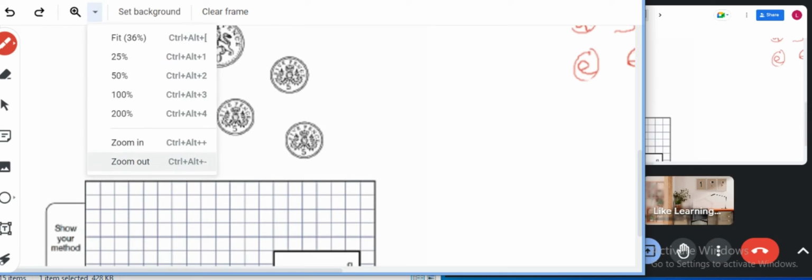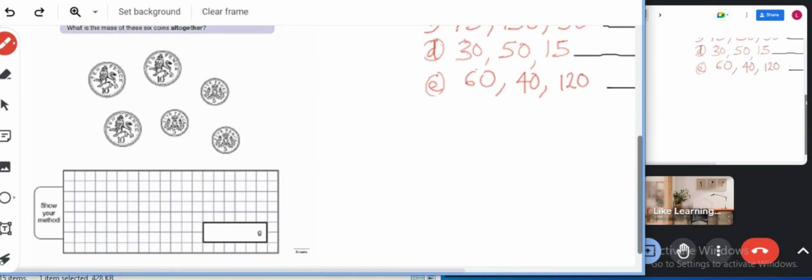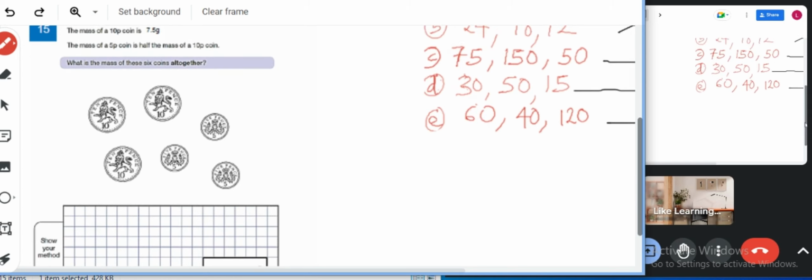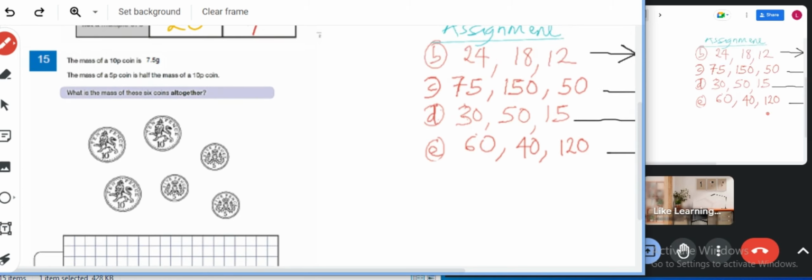Okay, so for the small coin, for the 10p coin, each 10p coin is 7.5 grams. All of them are 7.5 grams. And for the small coins, 5 coins I got 11.25.